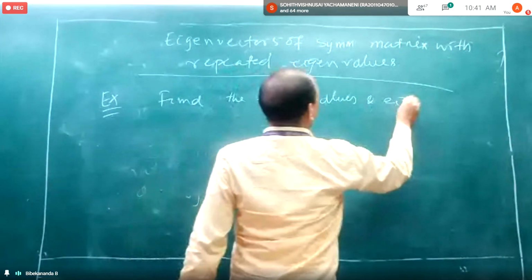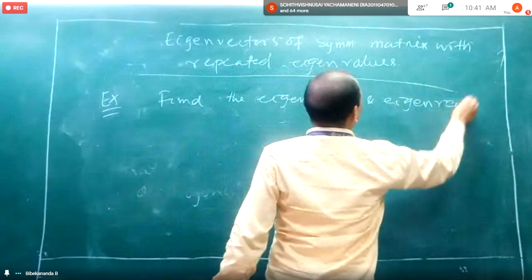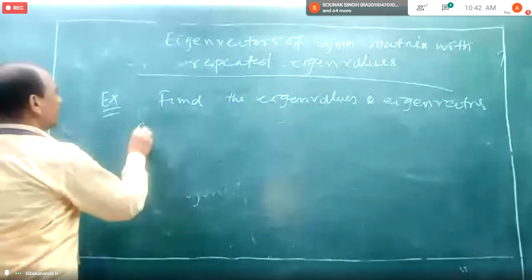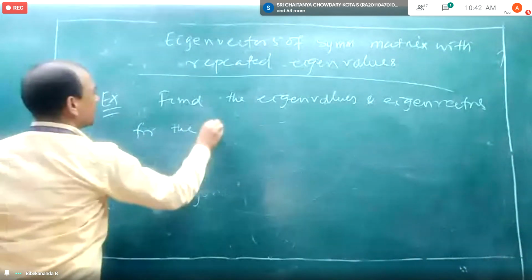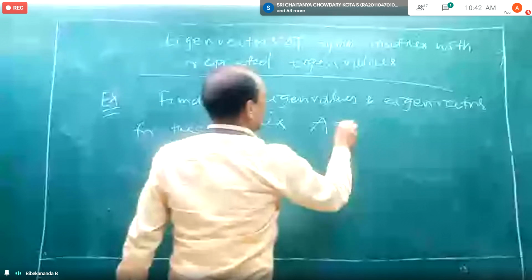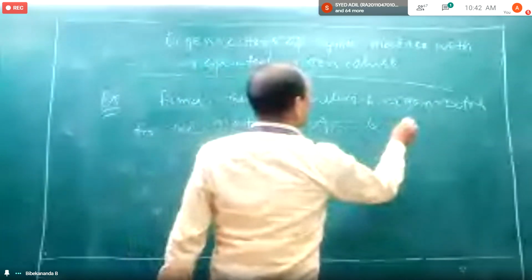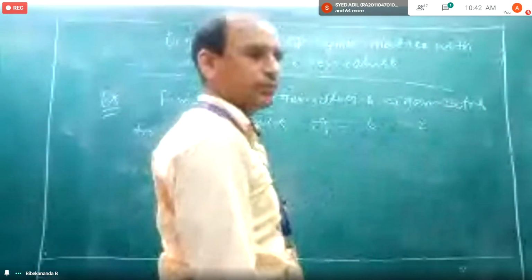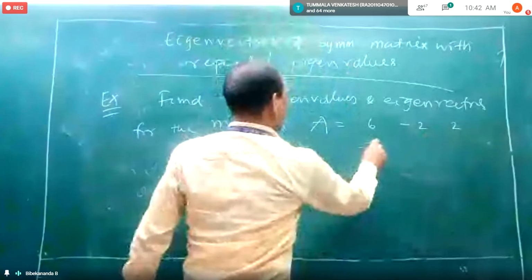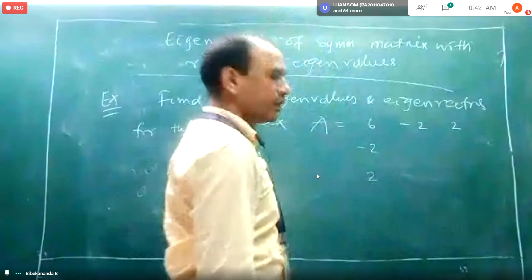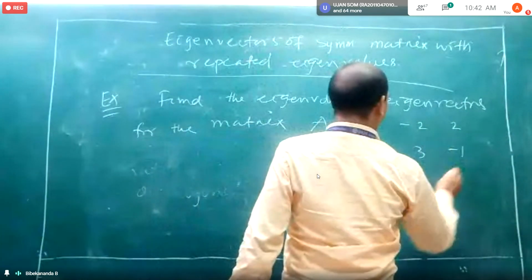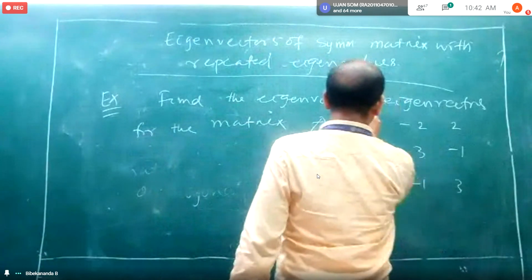Find the eigenvalues and eigenvectors for the matrix A equal to 6, minus 2, 2; minus 2, 3, minus 1; 2, minus 1, 3.